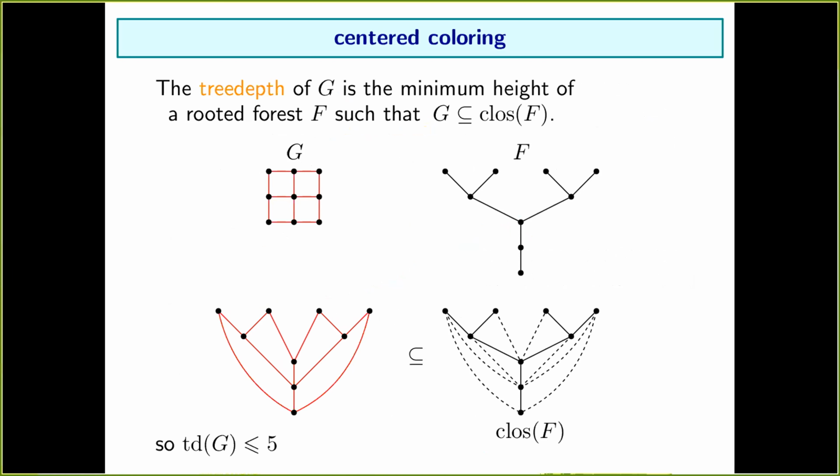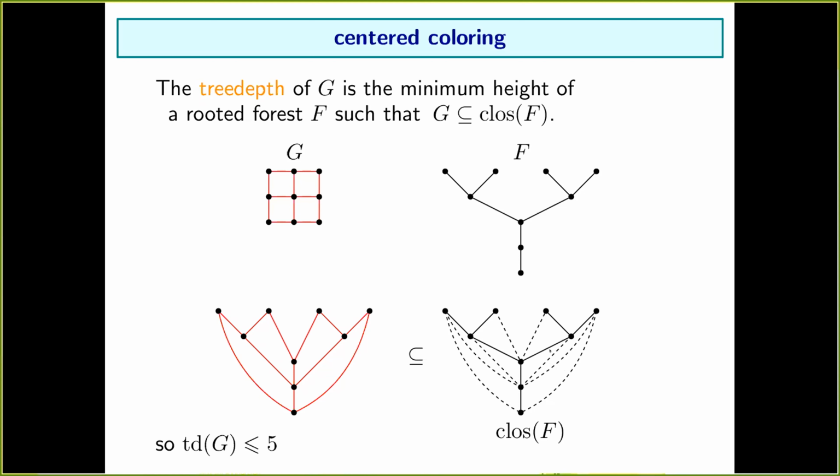Now, if you think of a graph as a 3x3 grid, and you think of the forest as this rooted forest, where the root is here at the bottom, then the closure of this forest is the graph that you obtain from the forest by adding an edge between any two vertices that are in the ancestor-descendant relation.